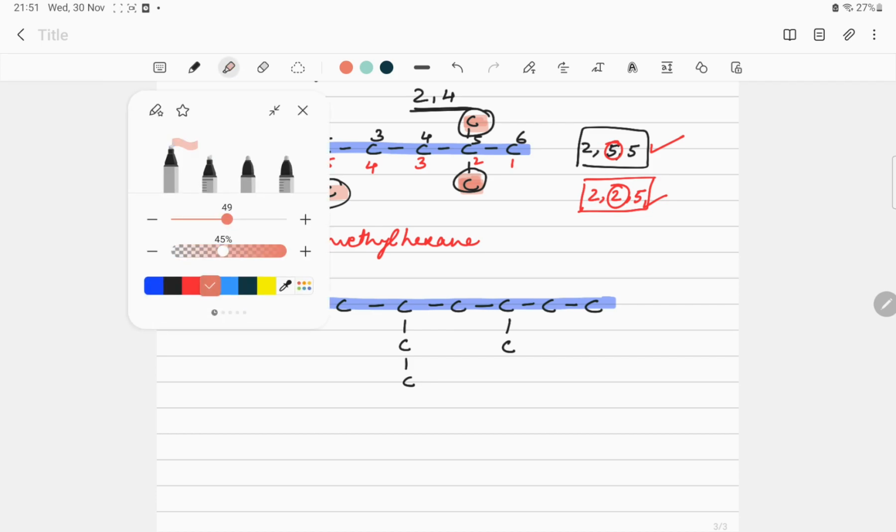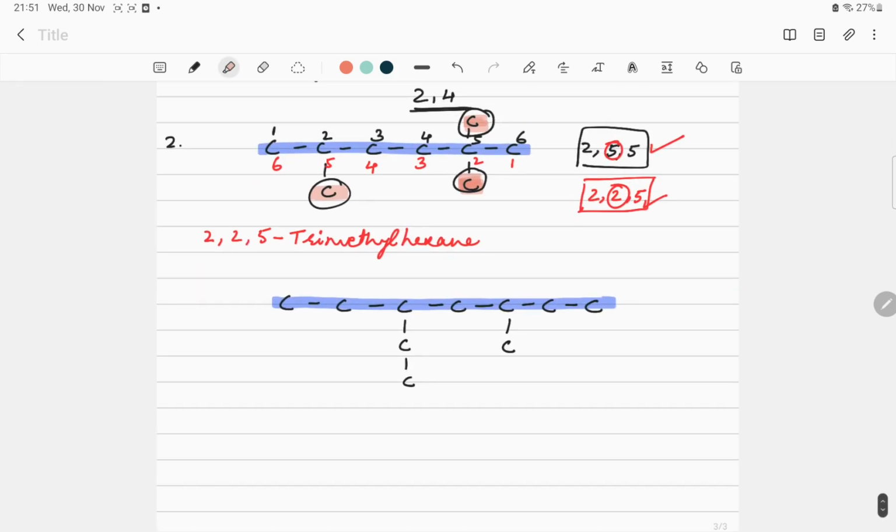Apart from this we may have another parent chain also. How is it going to be? We may have it this way, 1 2 3 4 5 6, 7, with one carbon here and one here. So the other possible parent chain is this. Any of these can be selected because both contain the same number of carbon atoms.